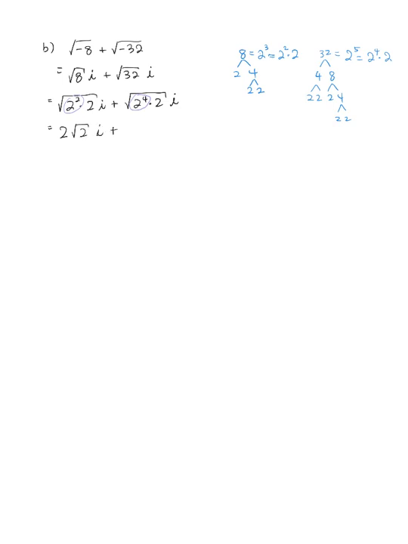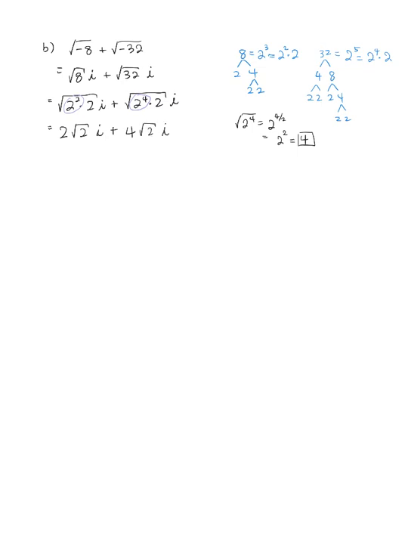And then plus, remember, square root of 2 to the 4th is the same thing as 4 divided by 2, which gives us 2 squared. So this is going to be 4. So here we're going to have 4 times the square root of 2 and then i.